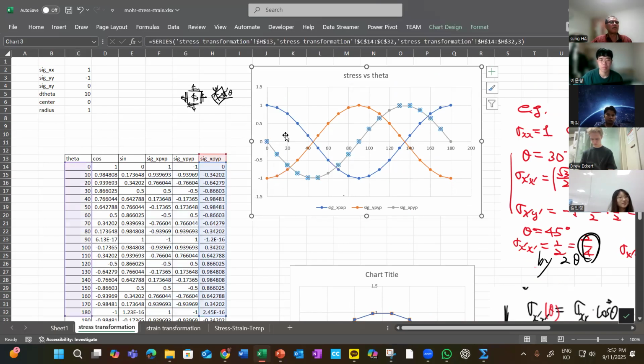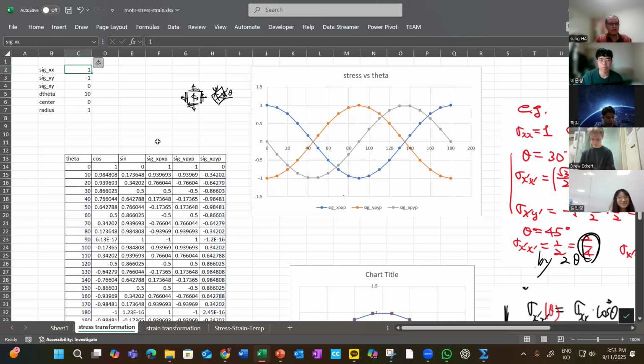And this is the curve. Okay, this is the curve. So this is the sigma x prime, and this is the y prime, and this is the x prime, y prime. As you can see, it's very interesting.